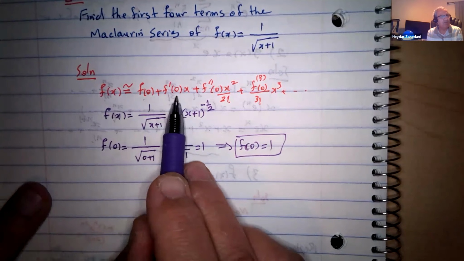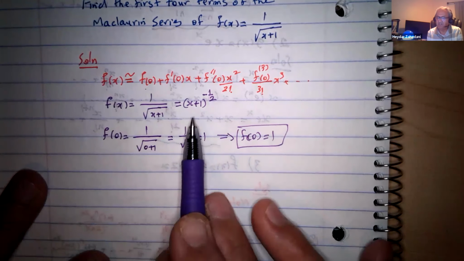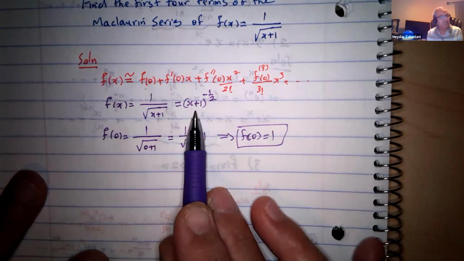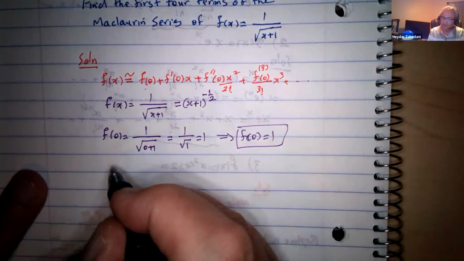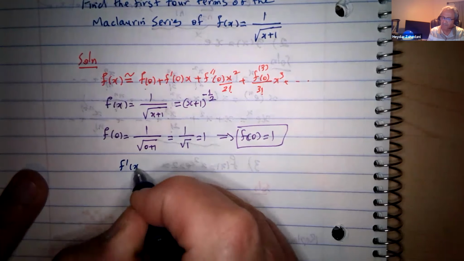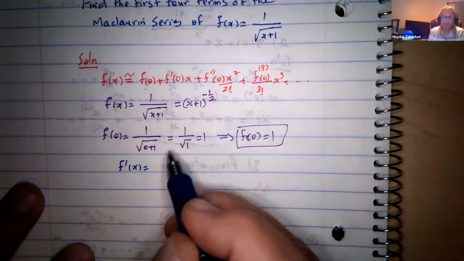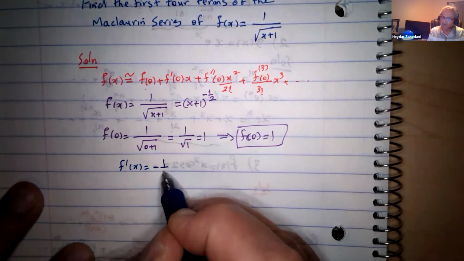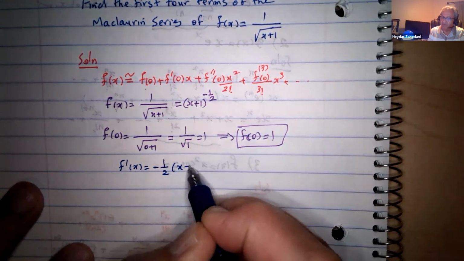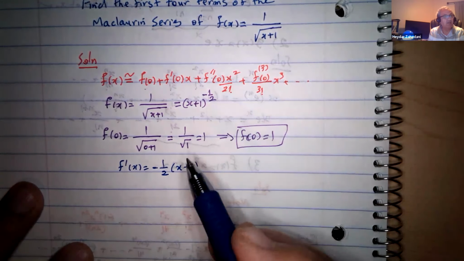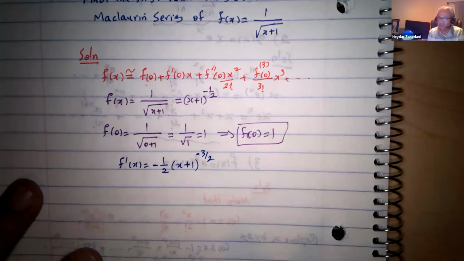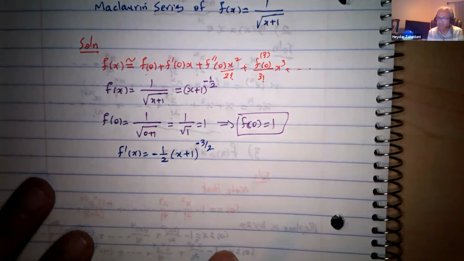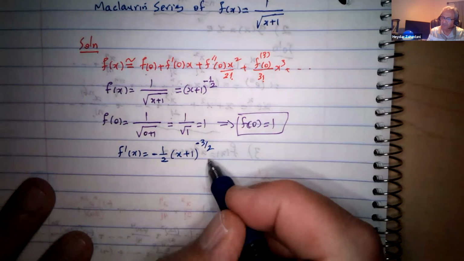We need the second one. You have to differentiate it first. This is your function. So what's going to be f prime of x? Use the chain rule. Bring the negative half down. Remember, x plus 1 to the power, you bring the 1 down, negative half minus 1 would be negative 3 half. u prime is 1. Then you are going to find it at 0.